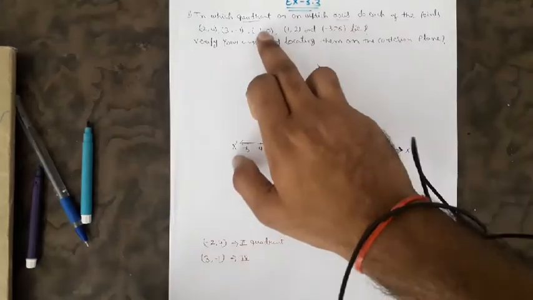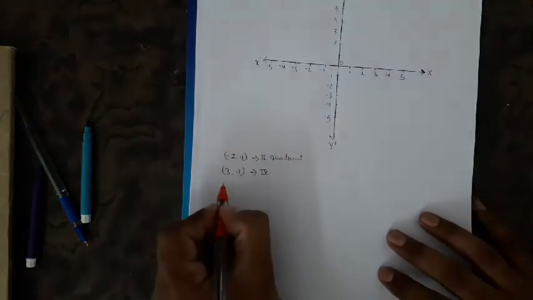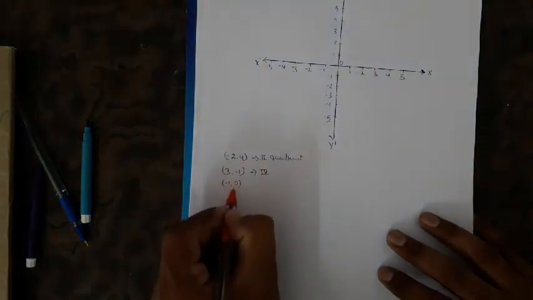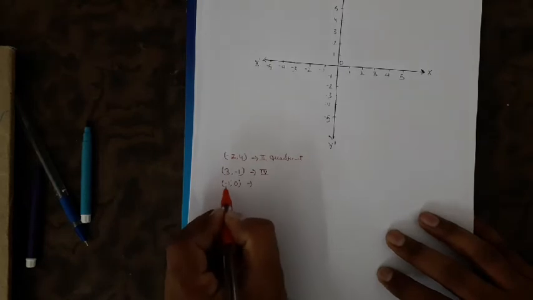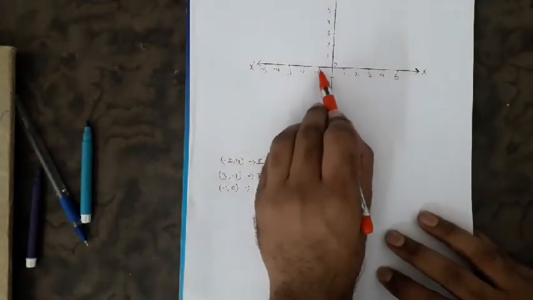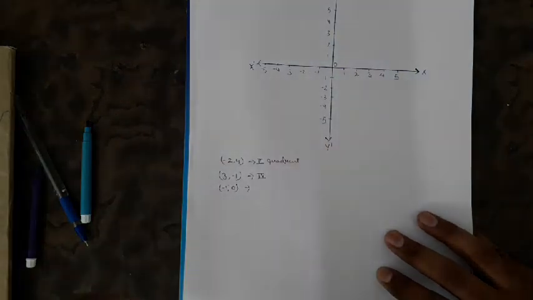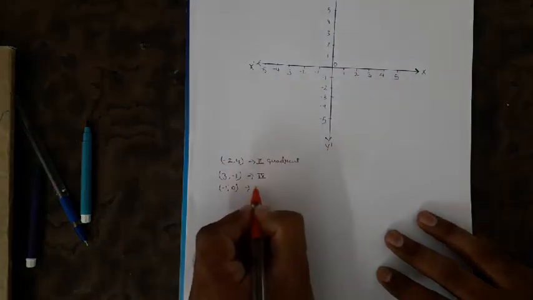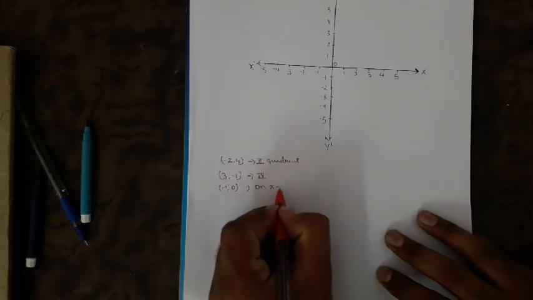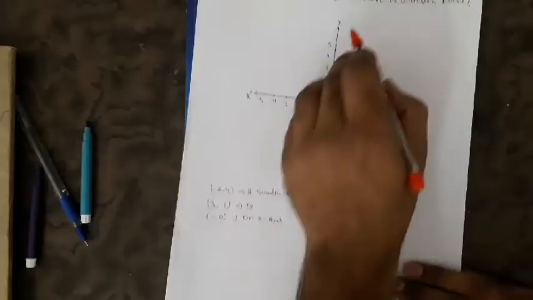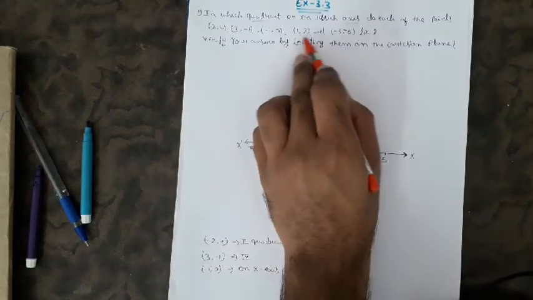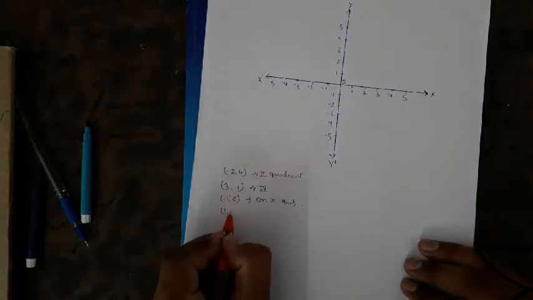Next we have -1 and 0. So -1 would be on the x-axis and y is 0, which means it would be the abscissa. It would lie on the x-axis. Next we have 1 and 2.